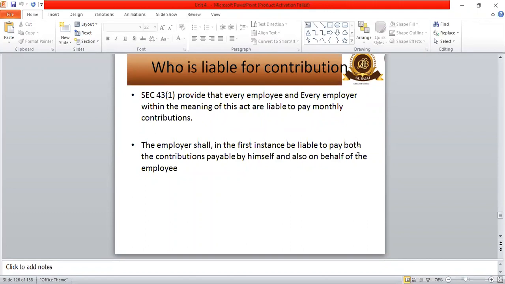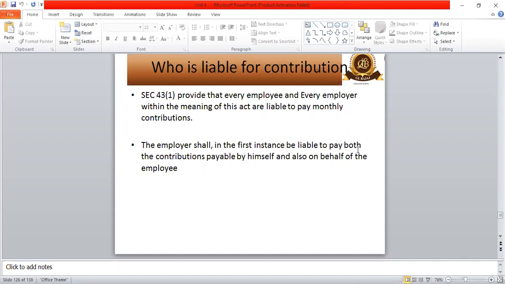But whatever the reason, whatever the case, the contribution from the employee side should not go blank. We'll take some cases of what can happen in different conditions. Whatever the reason, the employer can contribute from his end for the employee and complete the contribution for that particular month.